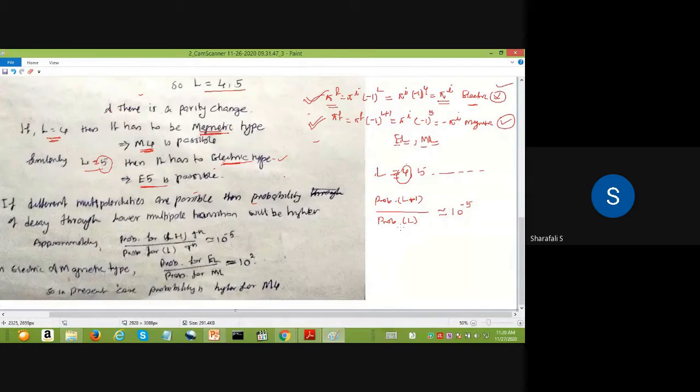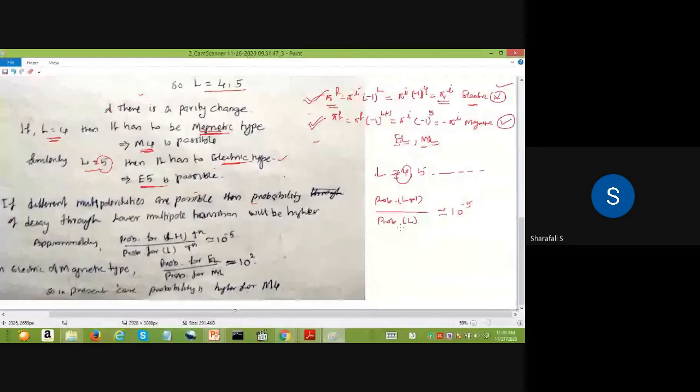Which means that when the order of that transition changes by 1, your probability changes in the order of 10 raised to 5. So the probability with L will be 10 to the power 5 times the probability of order L plus 1.